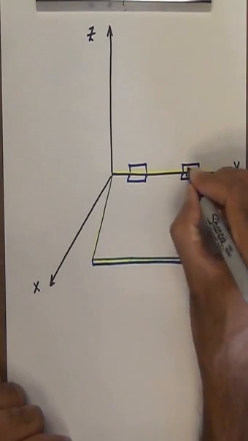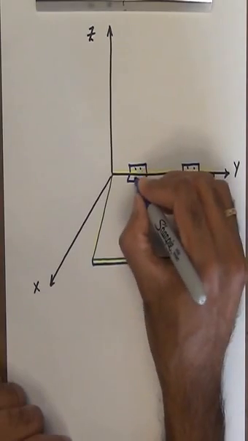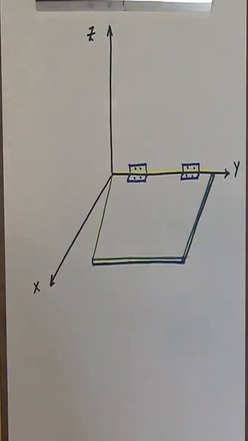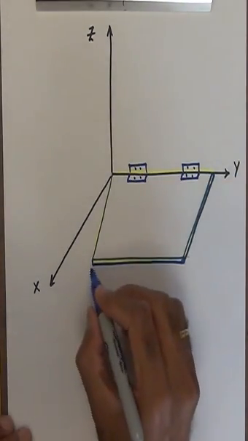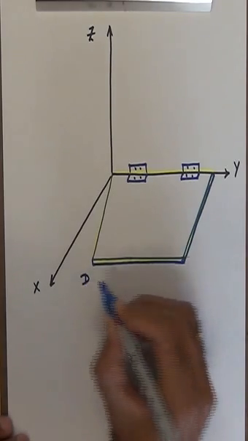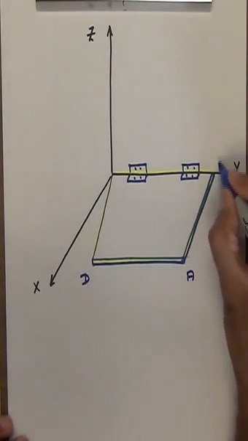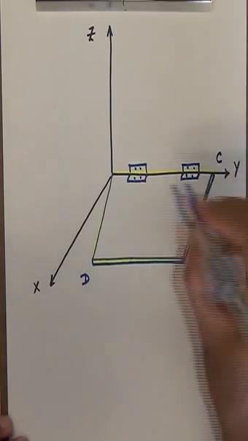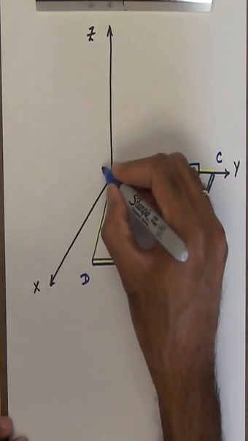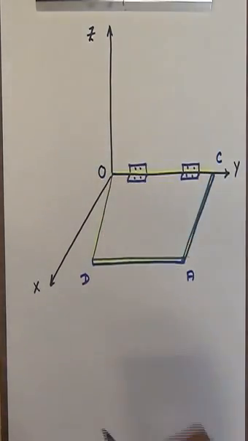Alright, so here are the hinges. And then let's start labeling some of the points. This is going to be called point D. This is point A, and then I have this corner point here as the point C, and then I have the origin as the point O.